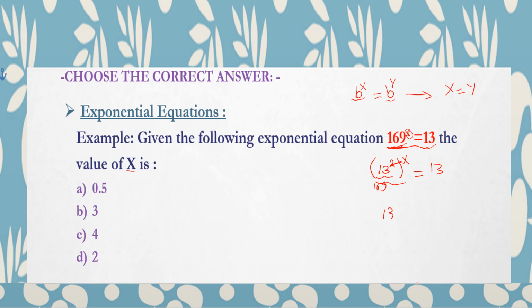Then 13 power 2x equals 13, which has the power of 1. Then we have the same base, 13 equals 13, so the exponents are equal. Then 2x equals 1. This means x equals a half, and the right answer is A.